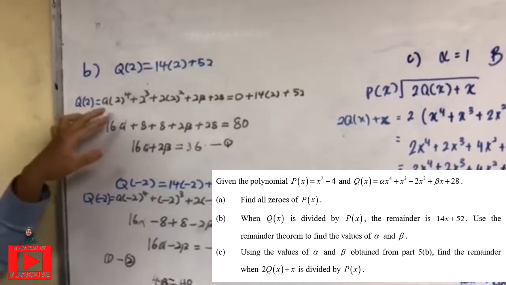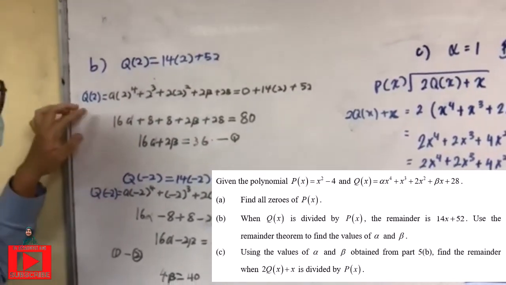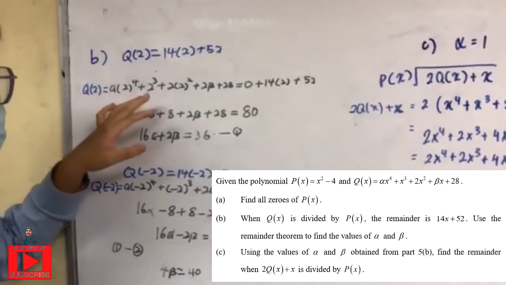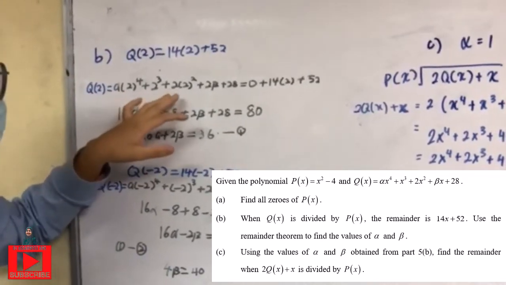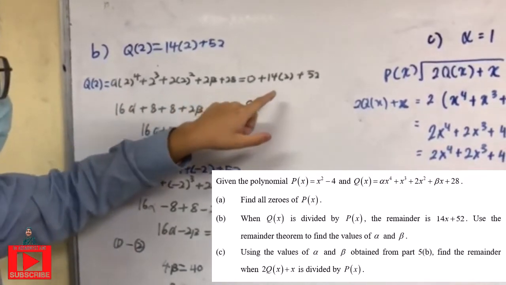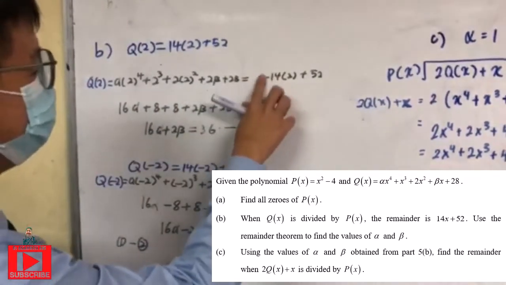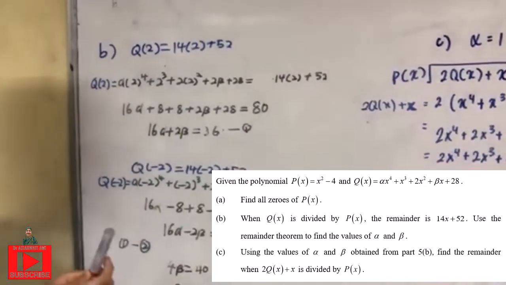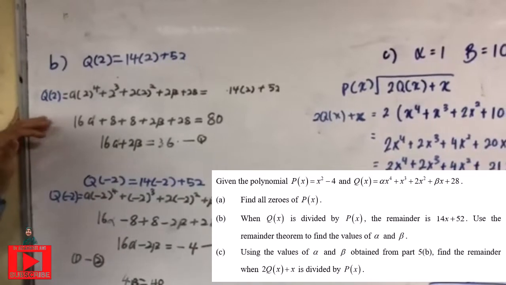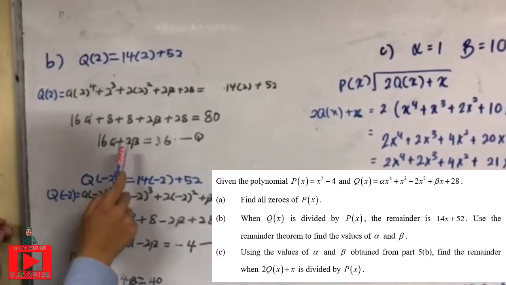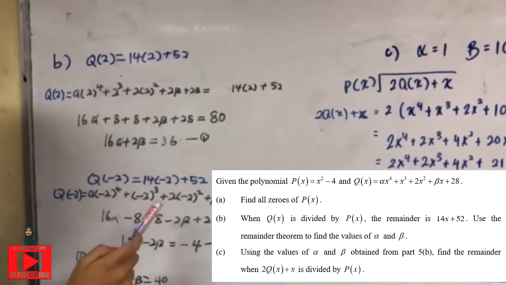So we sub 2 into the Qx equation, we will get alpha times 2 power 4 plus 2 power 3 plus 2 times 2 square plus 2 beta plus 28 will be equal to 14 times 2 plus 52. And so we simplify, we will get the first equation is 16 alpha plus 2 beta equals to 36.